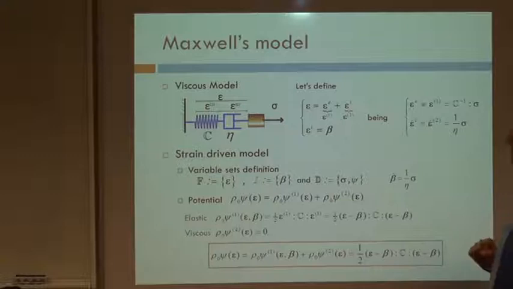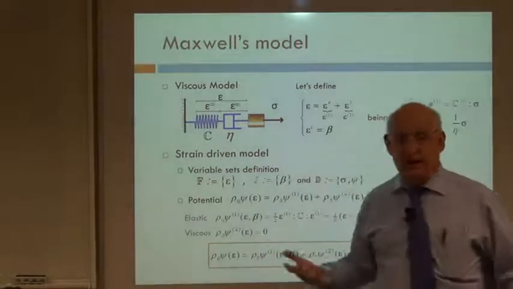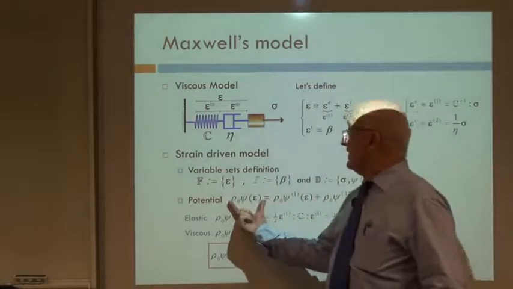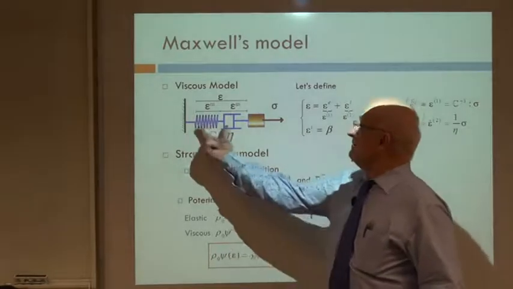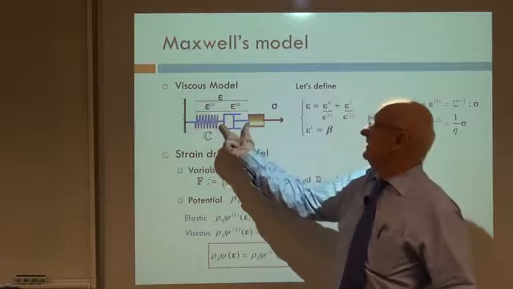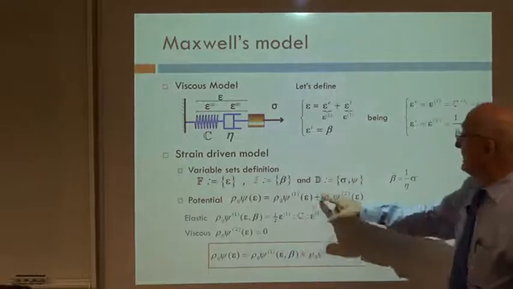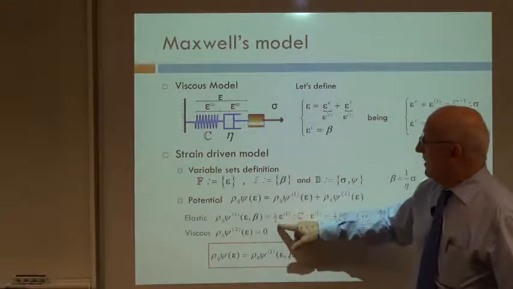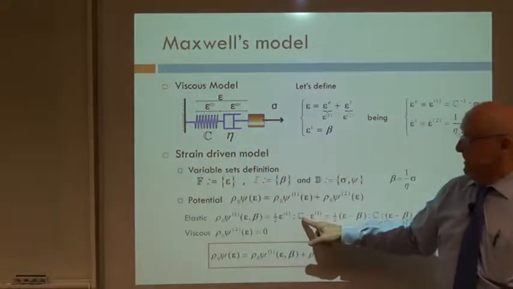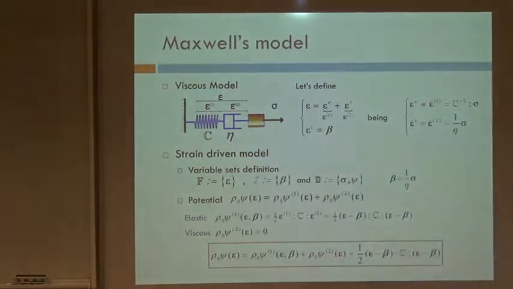Now let's formulate the potential, the free energy. The free energy is a scalar, and scalars are additive. So let's consider that the free energy is the sum of the free energy corresponding to an elastic model under these strains and a dashpot under these strains, right? So what is the free energy of an elastic model? One half of the quadratic form in terms of the strain epsilon 1, multiplied by C, which is the elastic property of the model.